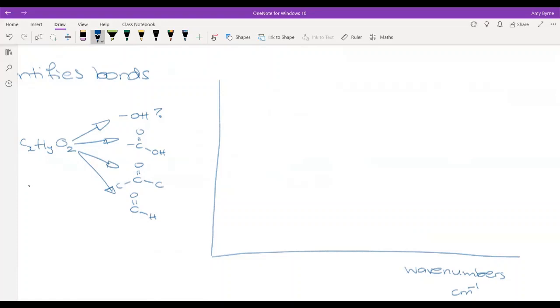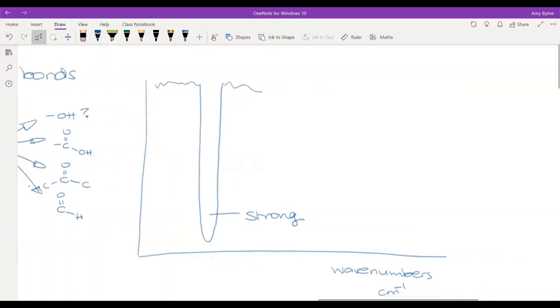When we talk about something having strong intensity, it's where my peak goes very deep. If something has weak intensity or medium to weak, it might sort of zigzag around here. But think of this, this y-axis is transmittance.